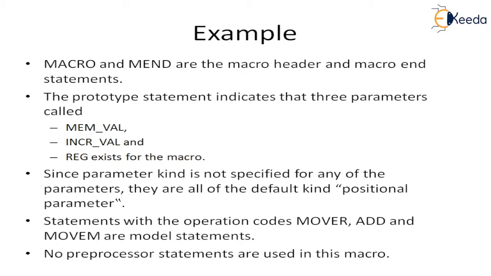Since the parameter kind is not specified for any of the parameters, they are of the default kind, and that default kind is a positional parameter, showing the position of that particular parameter. Statements with operation codes like MOVER, ADD, and MOVEM are the model statements. And no preprocessor statements are used in this macro. So this is the specification of the previous example.